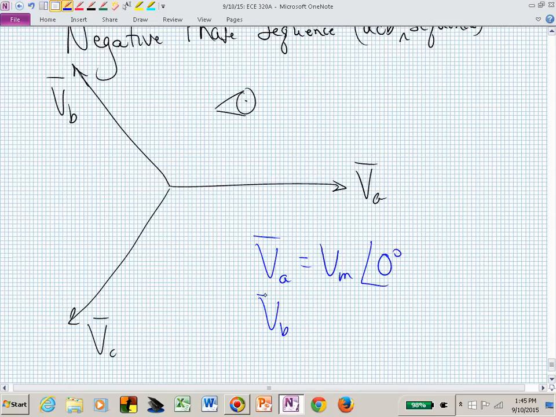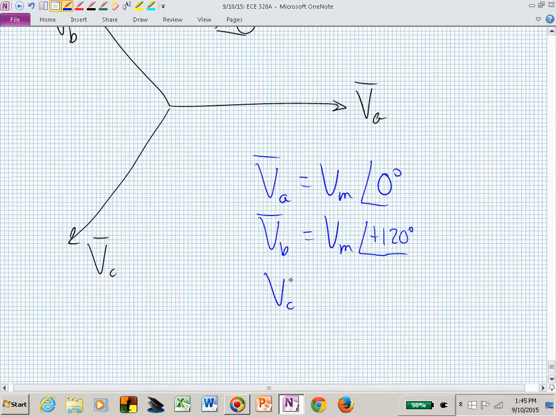V sub B is what? It's now plus 120, and V sub C is minus 120.